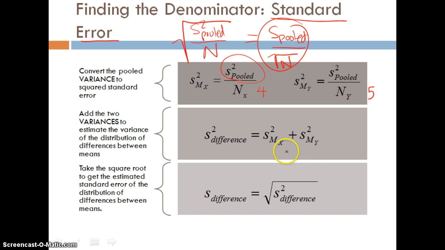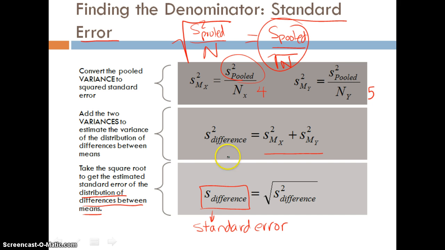So now we're going to add these two variances together to get an estimate of the variance of the distribution of differences between means. So this is how we get the variance. Then all we have to do is take this value and take the square root, and that will give us S sub difference, which is our standard error of the distribution of differences between means.